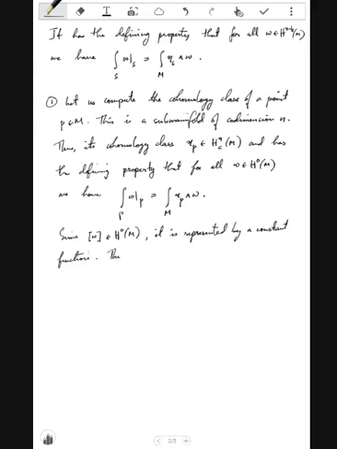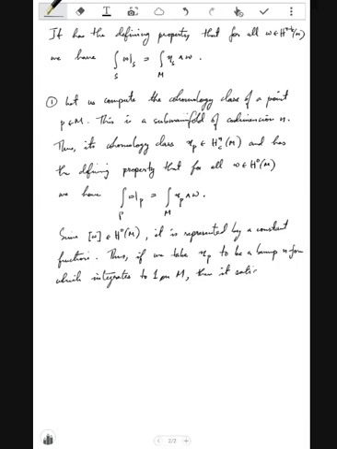So thus, if we take eta_P to be a bump n-form which integrates to 1 on M, then it satisfies the above property.